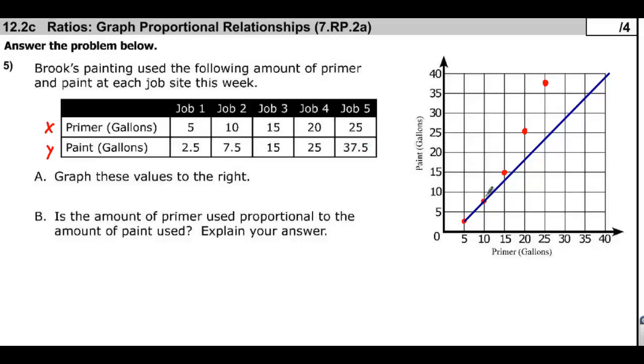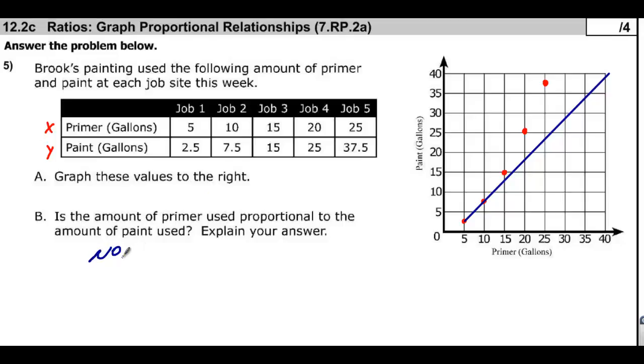So the red dots represent the jobs. The blue line represents what a straight line would look like, and we can see that all the points are not on it. So the answer to the question, is the amount of primer used proportional to the amount of paint used?